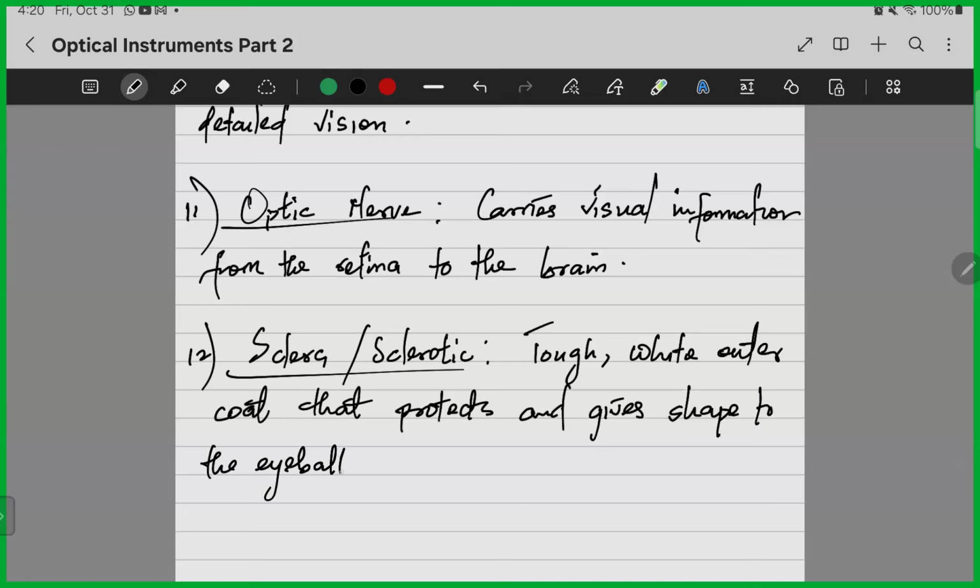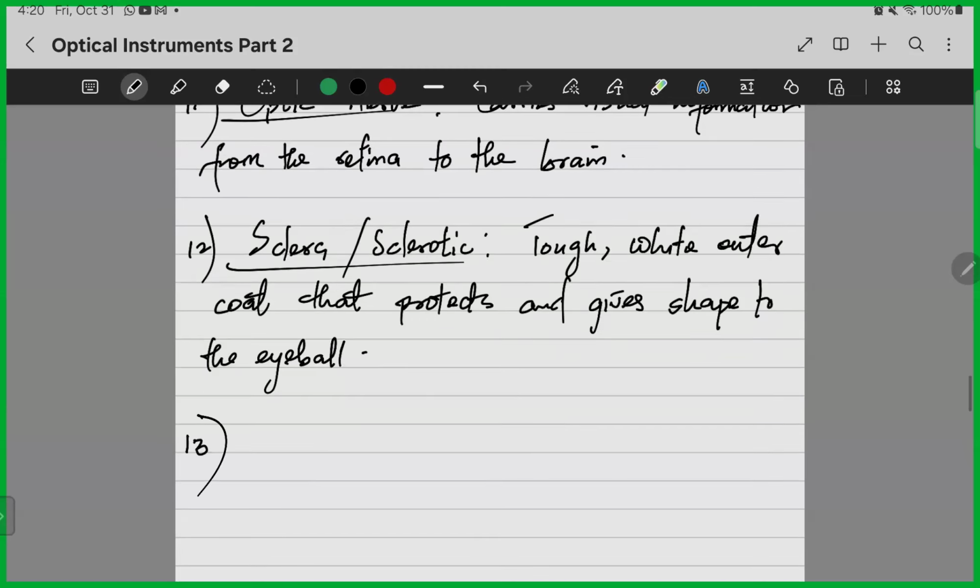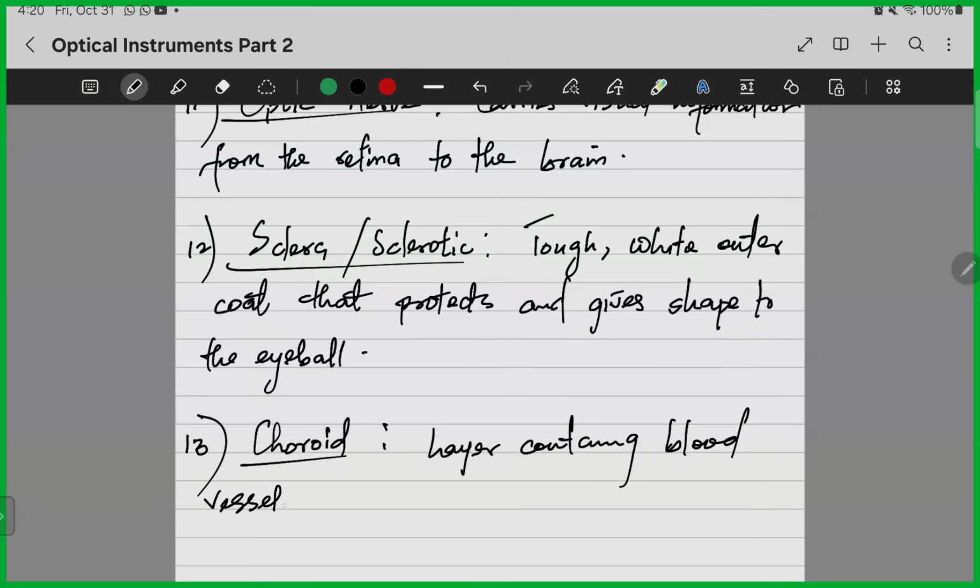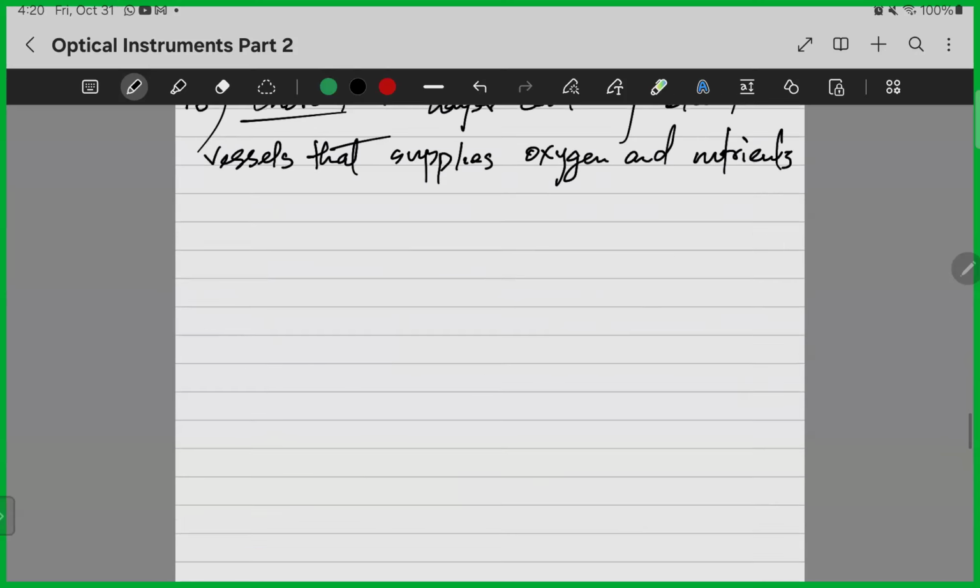Keep that in mind. There is another part called the choroid, C-H-O-R-O-I-D. It is the layer containing blood vessels that supplies oxygen and nutrients to the retina.